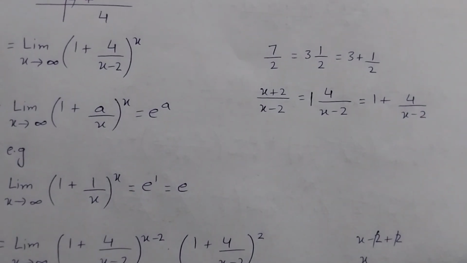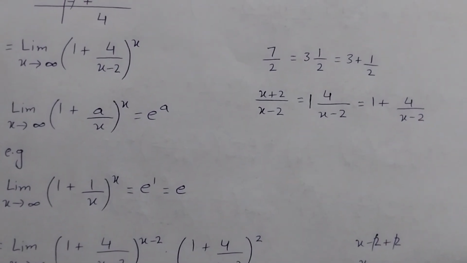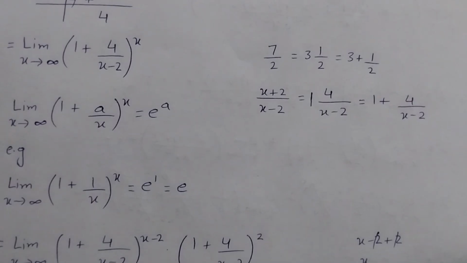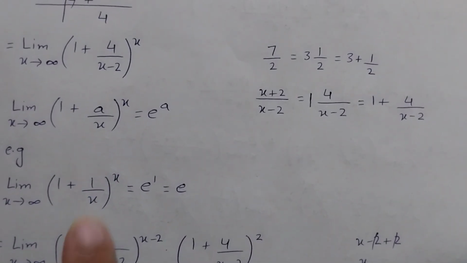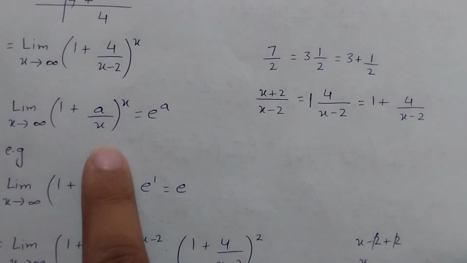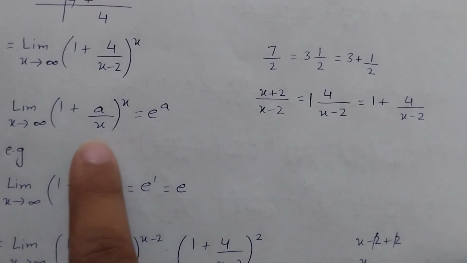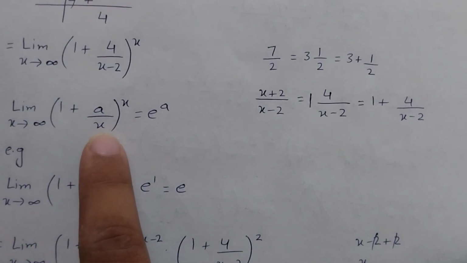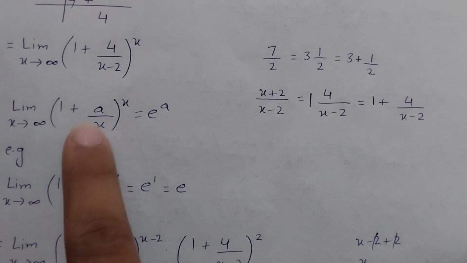So here, if you notice, in our given limit we have a 1 plus form. In this result we have 1 plus something written as a fraction.